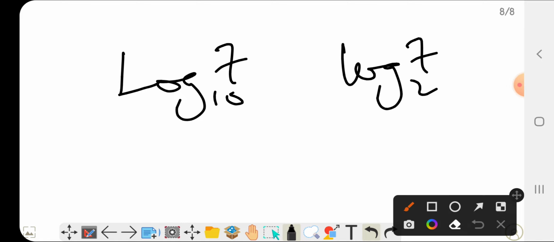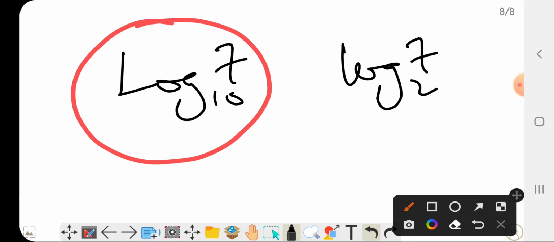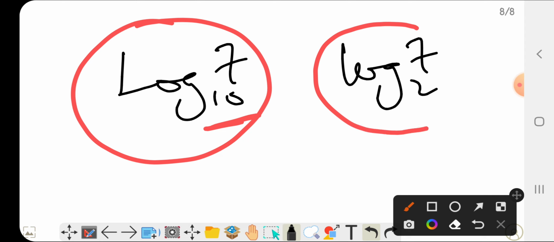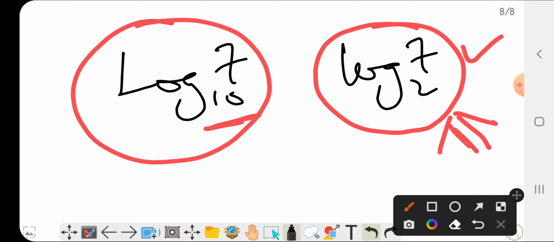I can use my calculator to evaluate this because it is in base 10. But I can't use my calculator to evaluate this straight up until I apply change of base on this one. I don't need change of base for the base 10 one. I'll just pick my calculator and punch in log 7 and then maybe round off the decimal value to like 4 decimal places, and that's the value I'll put down for my log 7.